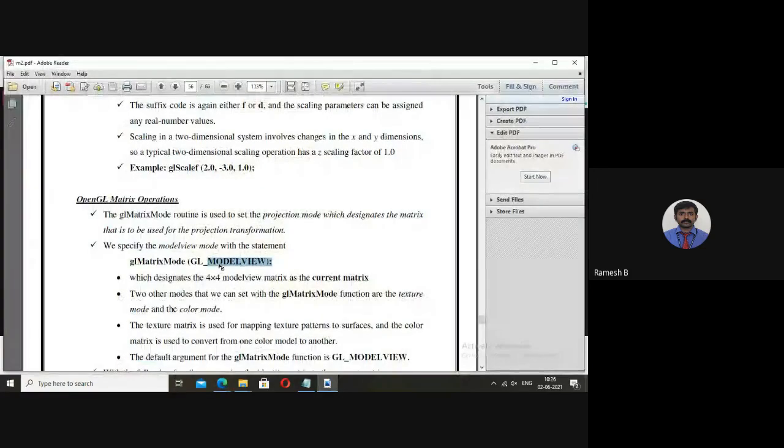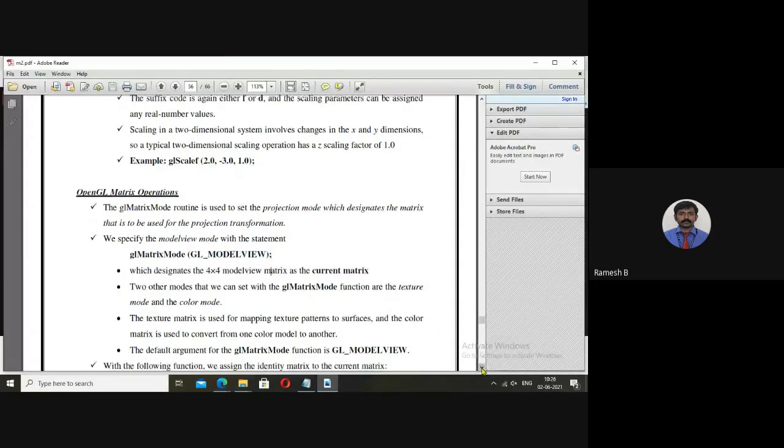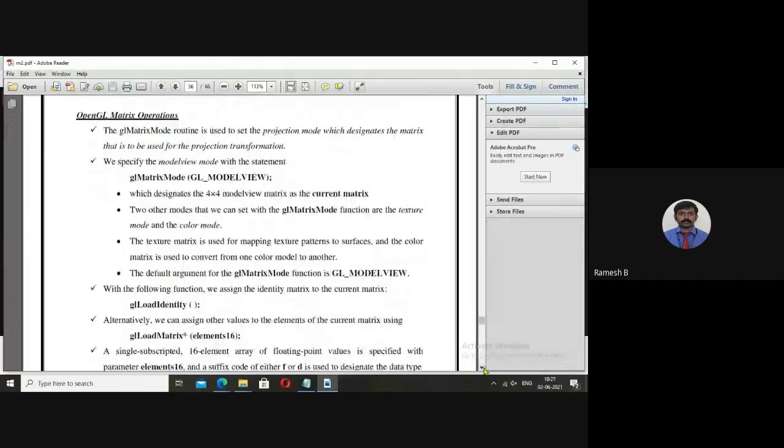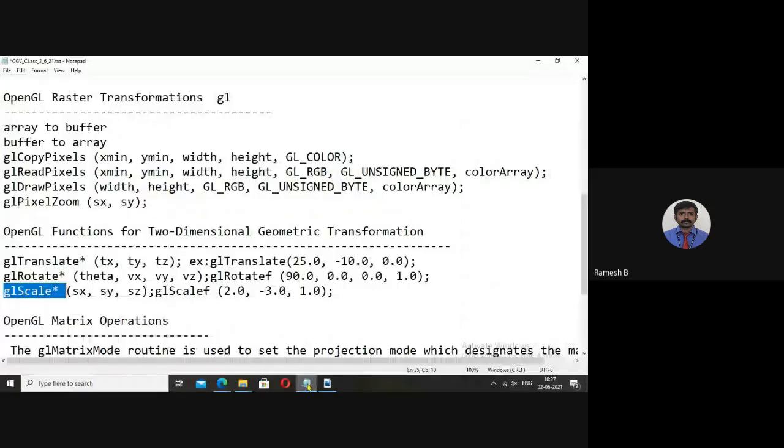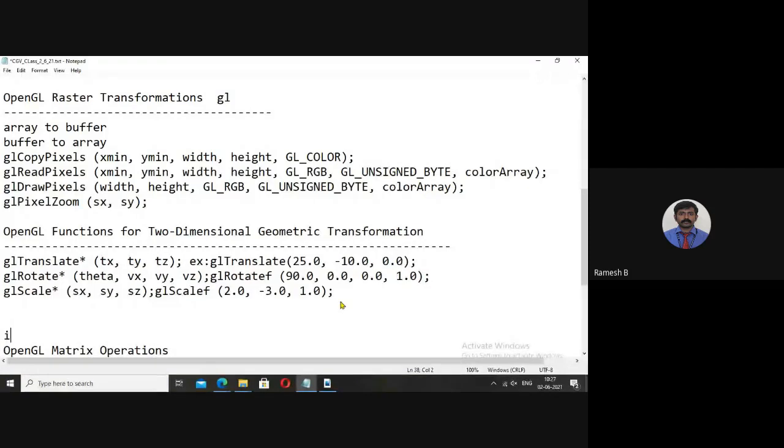You see there, the current matrix, whatever we are projecting, will be stored in the model view. Next, sometimes we need to assign an identity matrix. In the last session, I told you what is an identity matrix.